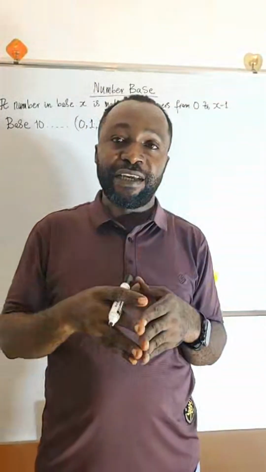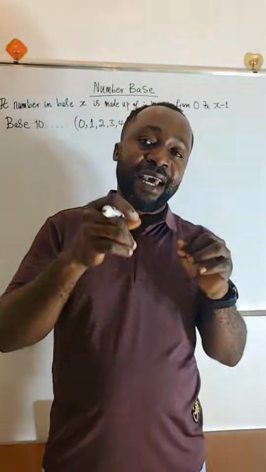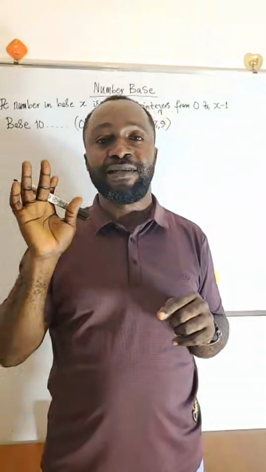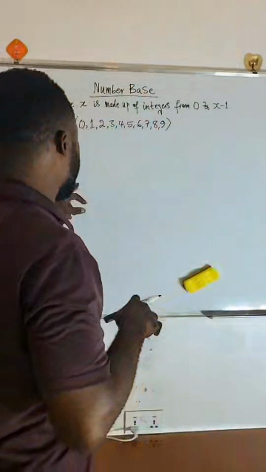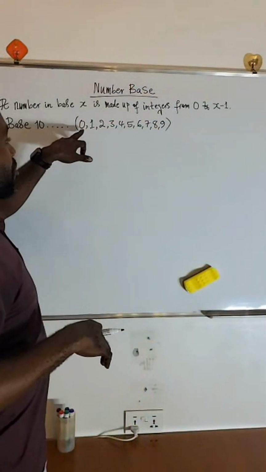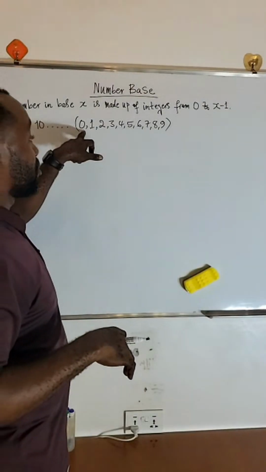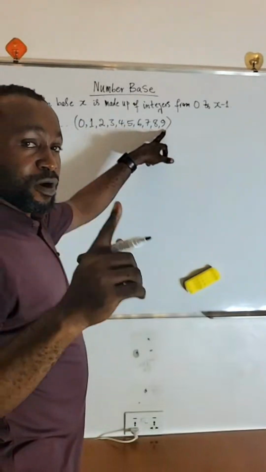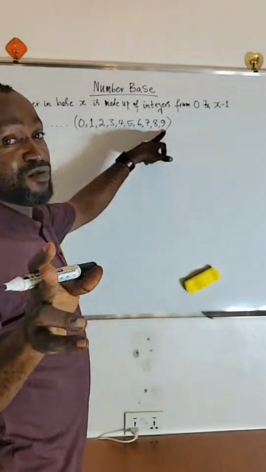That is to say, the highest digit of any number base is always 1 less than the base. Like in base 10, you have integers from 0 to 9. That is 1 less than the base that we are dealing with.